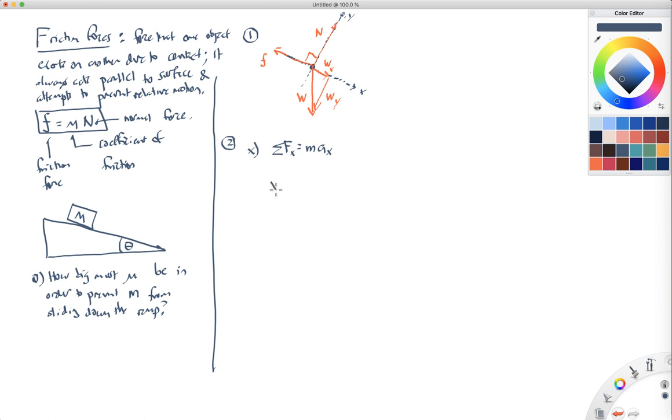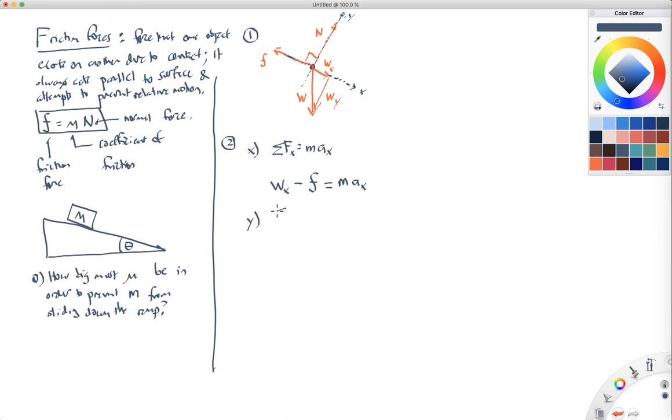Well, you've got the weight in the x direction, W sub x, and then you've got the friction force, which is in the negative x direction. So I'm going to put a negative sign right here, and then any numbers I get are going to be positive numbers for the friction and the weight in the x direction. And that is going to be equal to the mass times the acceleration in the x direction. There we have it. That's Newton's second law in the x direction.